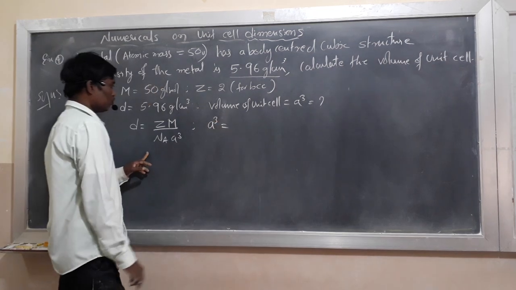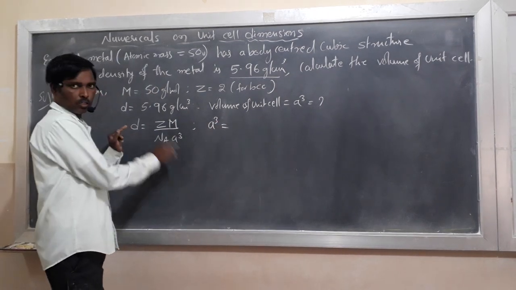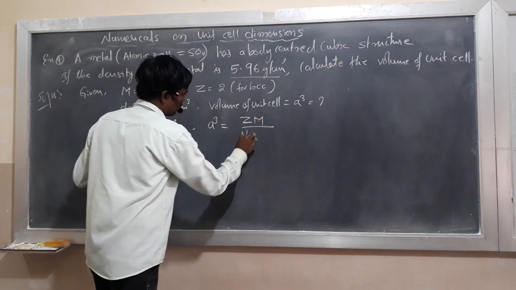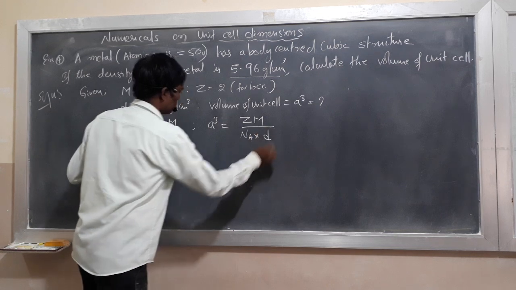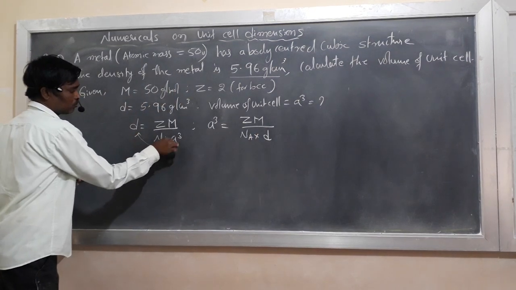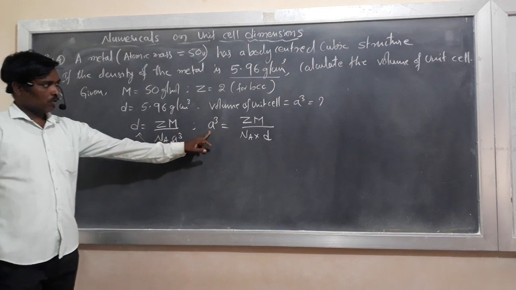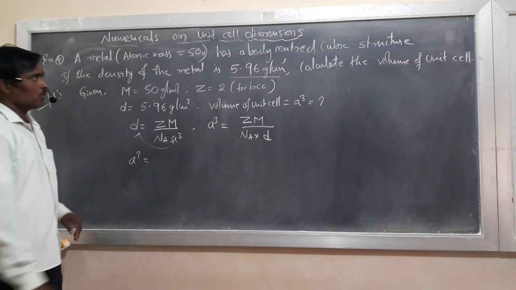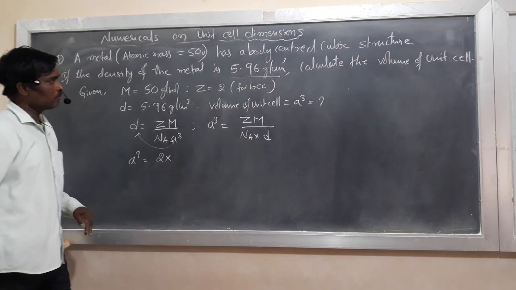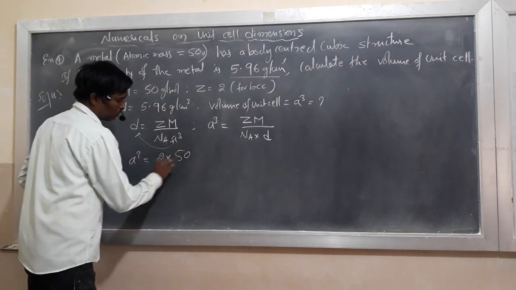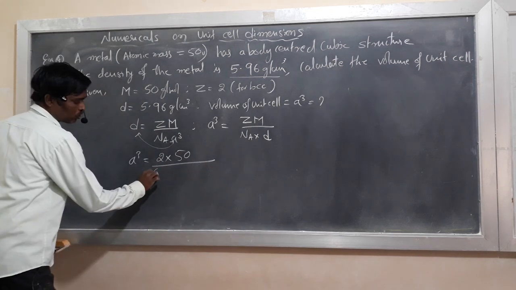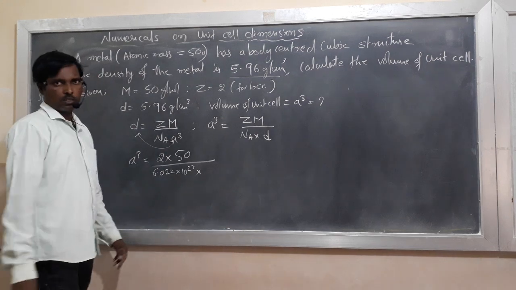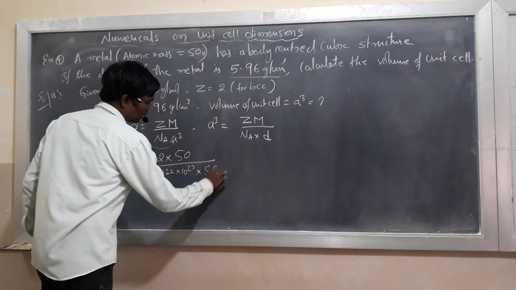Let me rearrange this formula for a cube. Let's cross multiply density and a cube. So a cube is equal to Z into M divided by Na into D. Now substitute the values in that formula. Z value 2, M value is 50, divided by Avogadro's constant 6.022 into 10 raised to 23 into density 5.96.